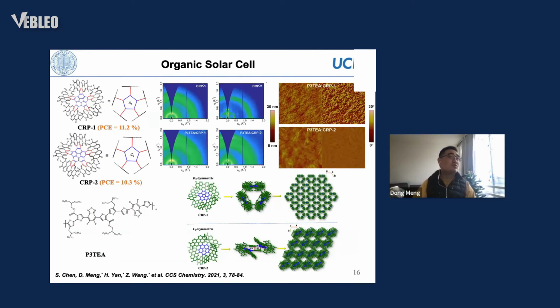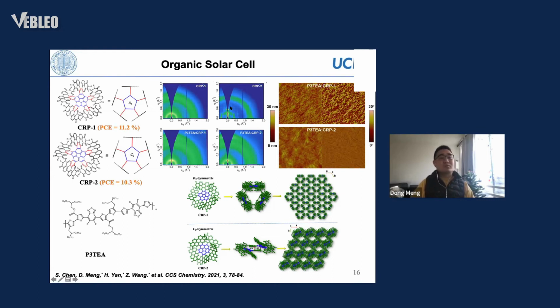So we also wanted to develop organic solar cells from the two isomers. We find that CRP1 has the better performance, and we also chose P3TAA as the donor material. It was developed by Professor Yan He from the Hong Kong University of Technology, and we wanted to know what the difference is. Why, with no peptide interactions, does it also have the better morphologies?